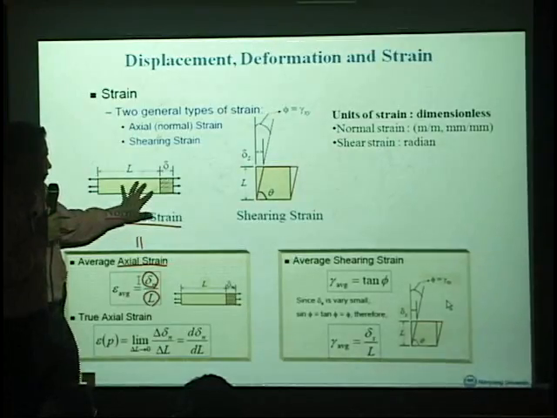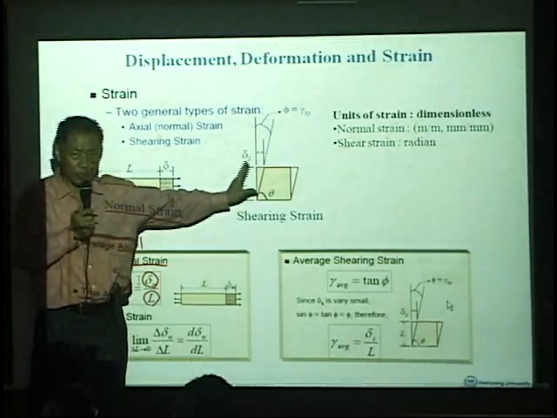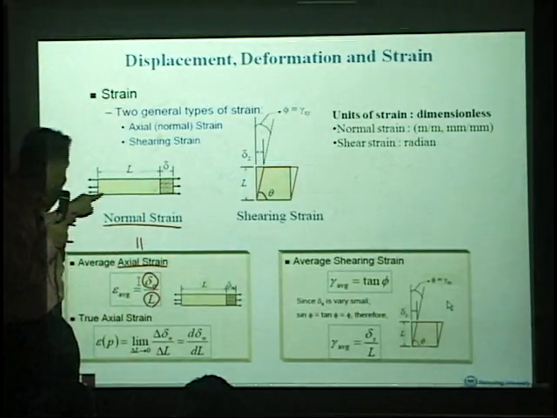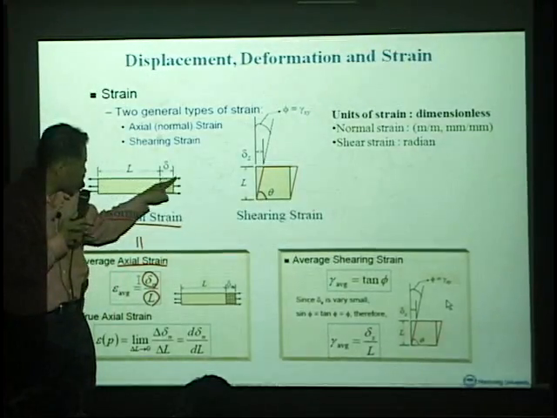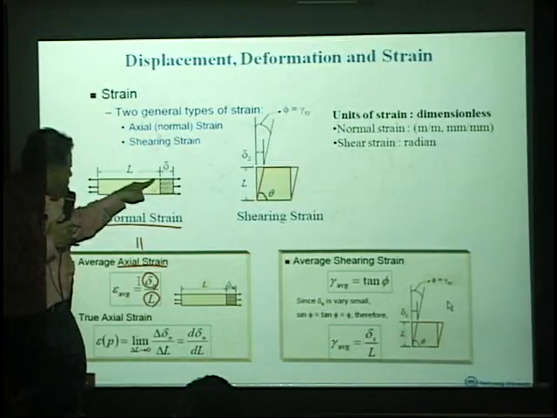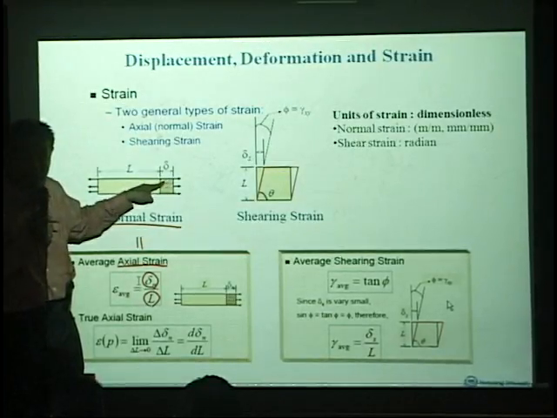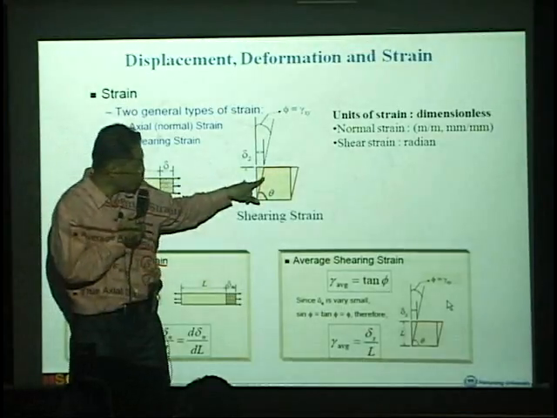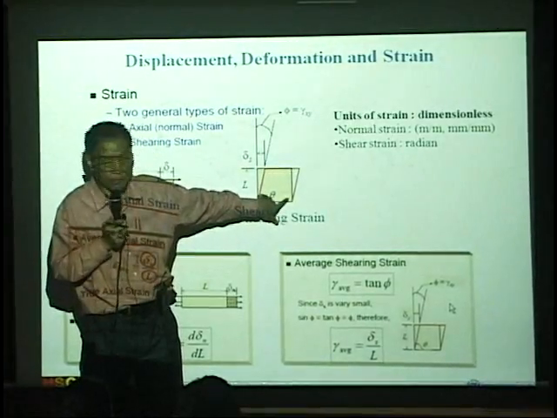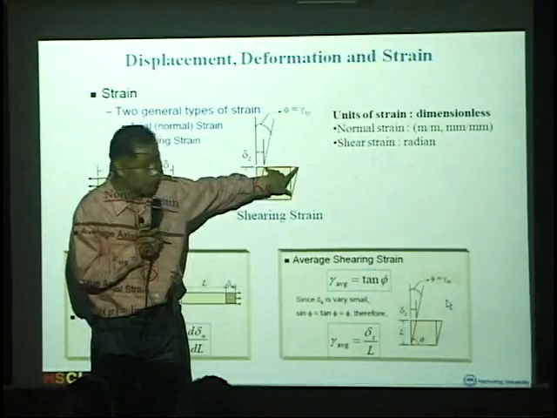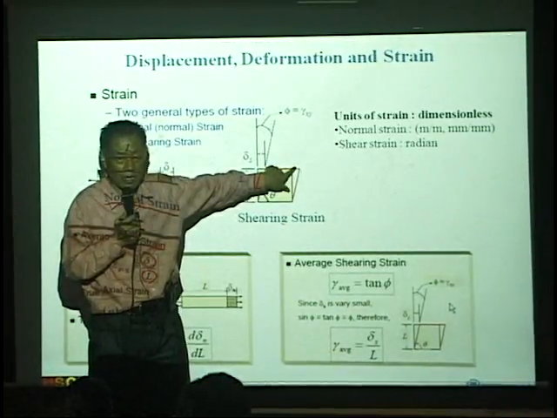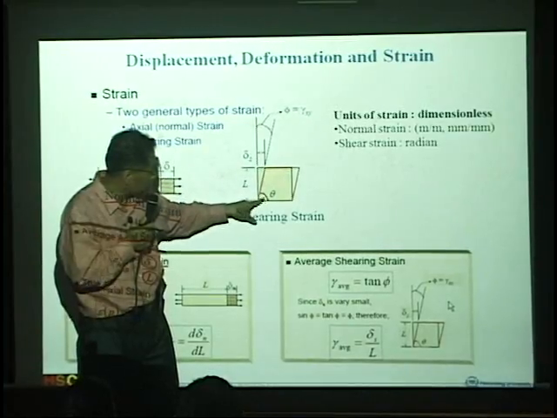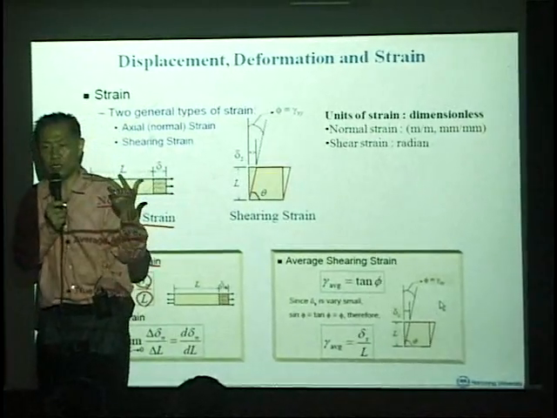But another deformation is distortion. As you can see here, this is still rectangular, which means this angle is the same before and after. Here, the length is the same before and after, but this angle has changed.